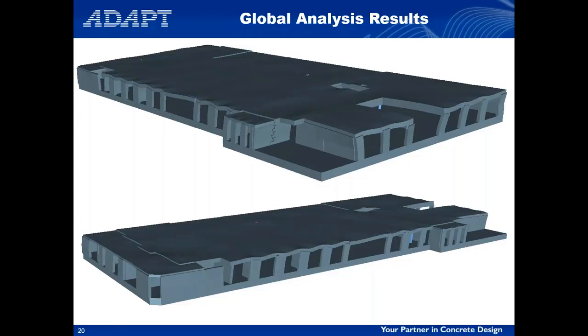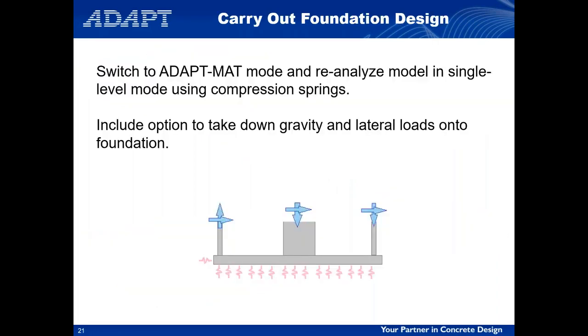This is giving us our baseline of how we're transferring those loads down to the foundation and into the vertical supports that we want to design. So we're kind of done. We're only using the global to distribute the loads and calculate the forces in our members. Now we're switching gears and we're going to complete the design of the foundation level.